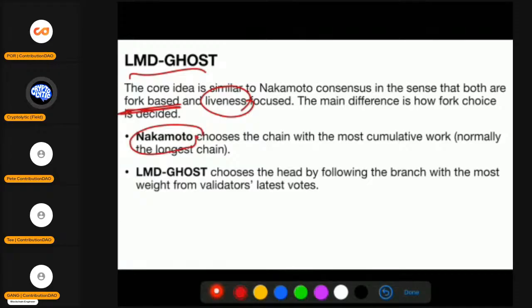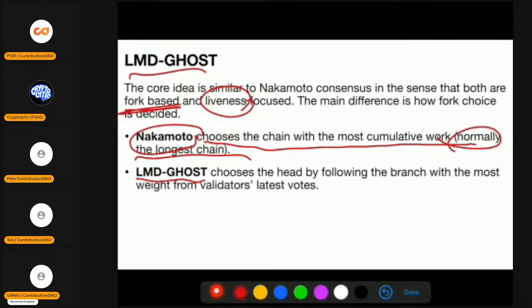But when you use the fork choice rule in Nakamoto consensus, it chooses the fork based on the most cumulative work, which would normally be the longest chain. But the LMD GHOST uses a different fork choice rule.